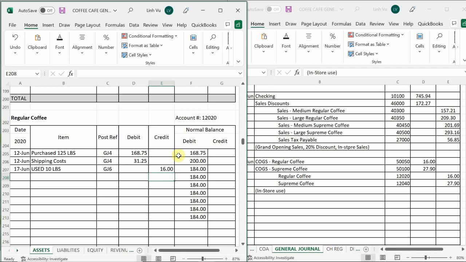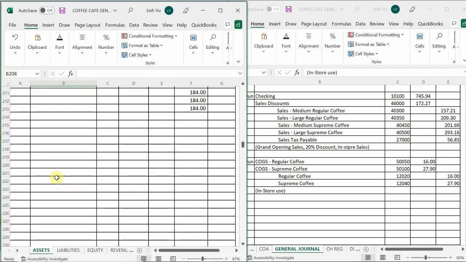So in this case, we are matching my ledger to my inventory worksheet, because I'm making sure that when I calculated these numbers, it was accurate on my inventory worksheet compared to my ledger. Because again, I'm punching in solid rounded numbers, where that one I had to calculate those numbers and use an equal round formula. So there you go. 184 is correct because it matches my inventory worksheet.